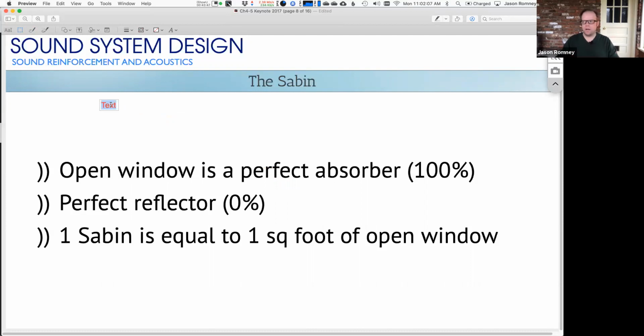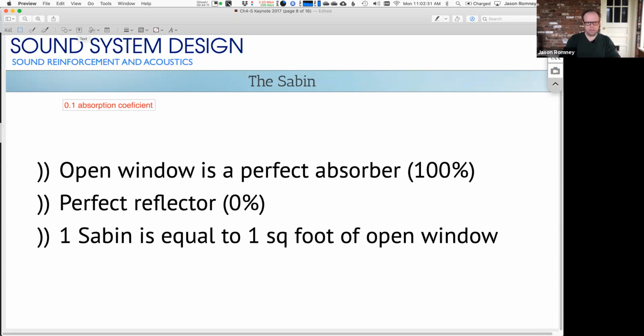Okay, so I have some sort of material that has an absorption coefficient of 0.1. And remember, like I said, that means that it absorbs 10% of the energy that hits it, and the rest of it gets reflected.